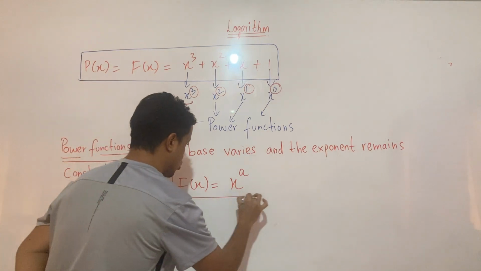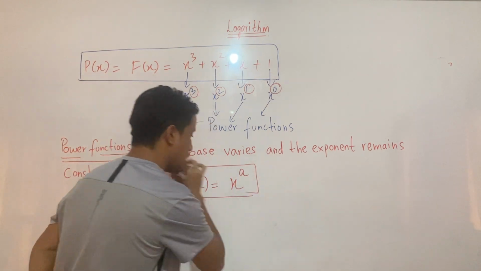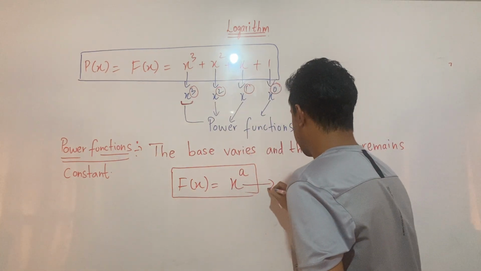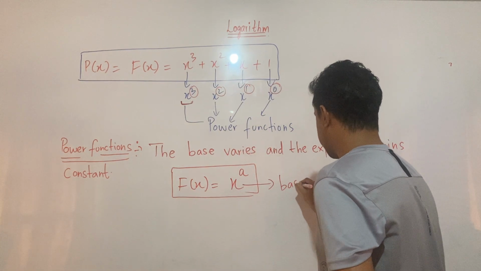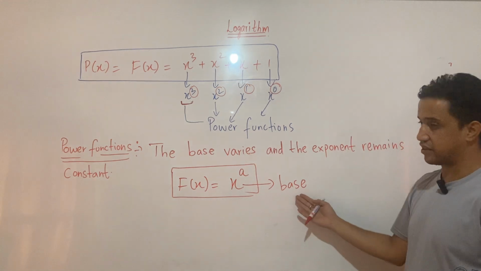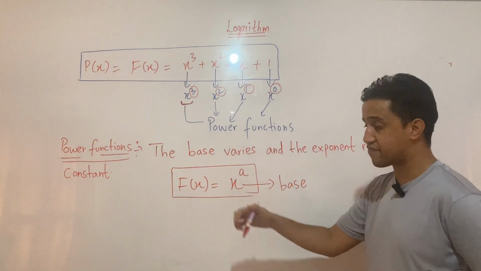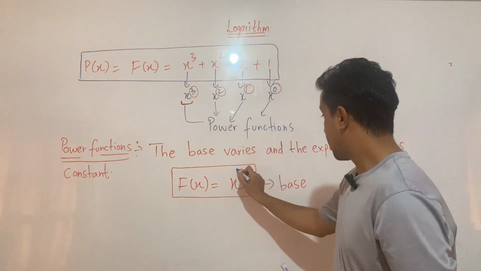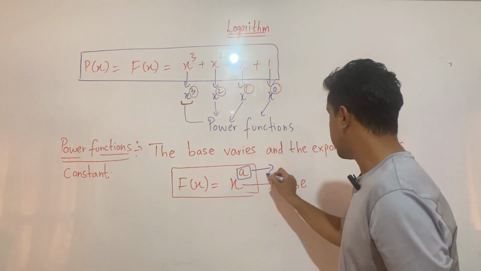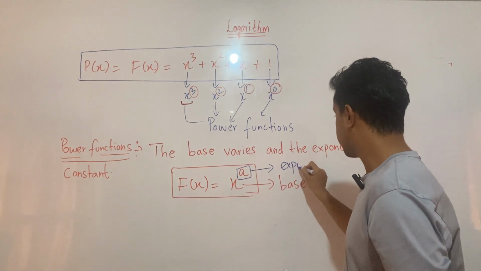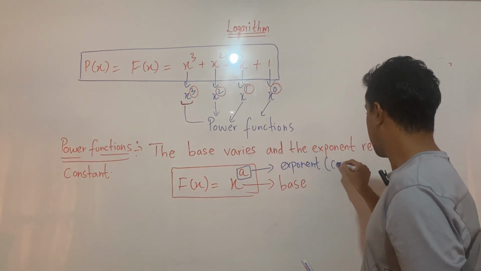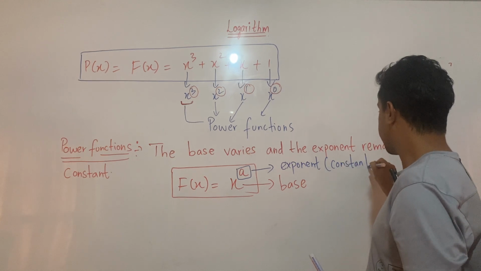This is the definition of power functions, where x represents the base and is variable, and a is the exponent, which will stay constant.